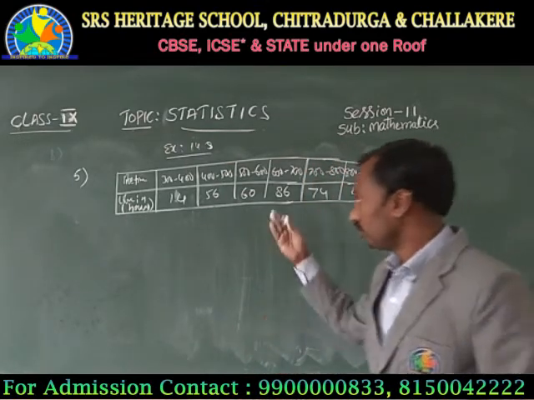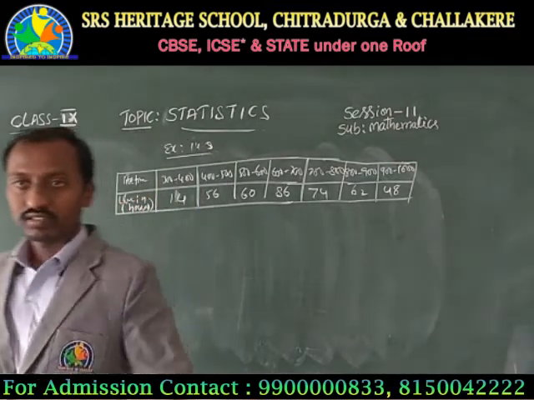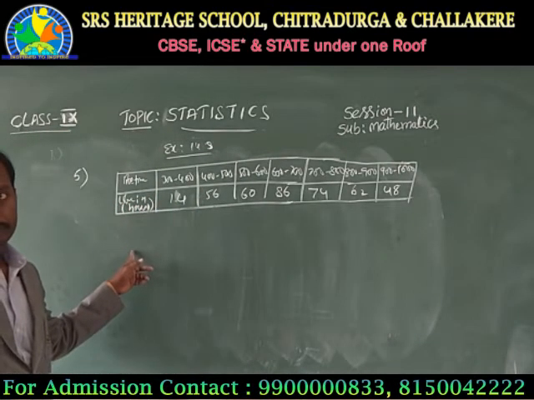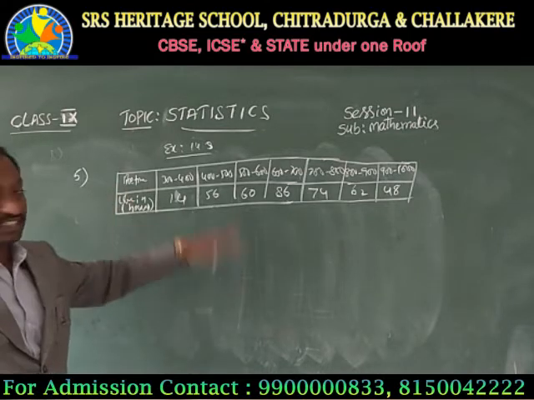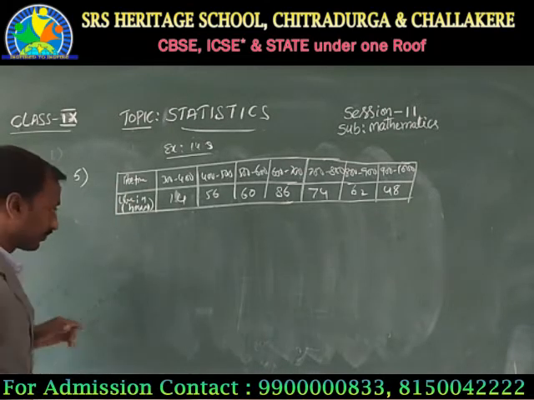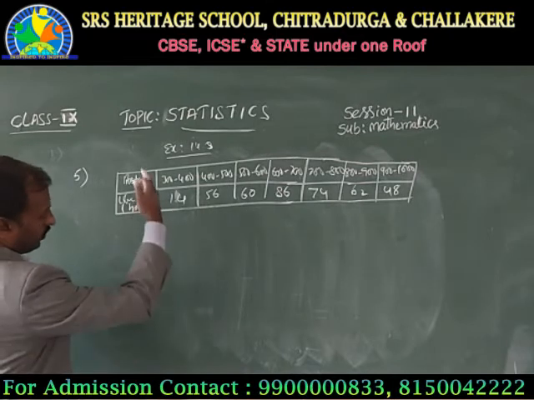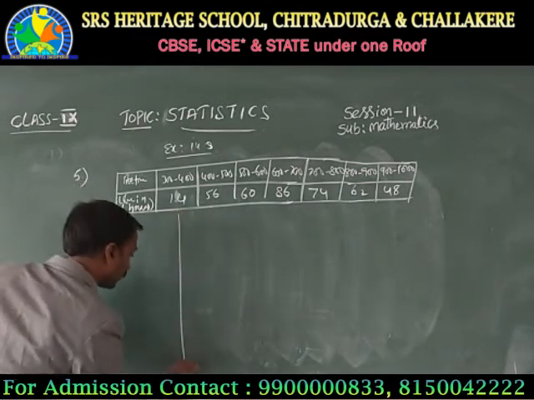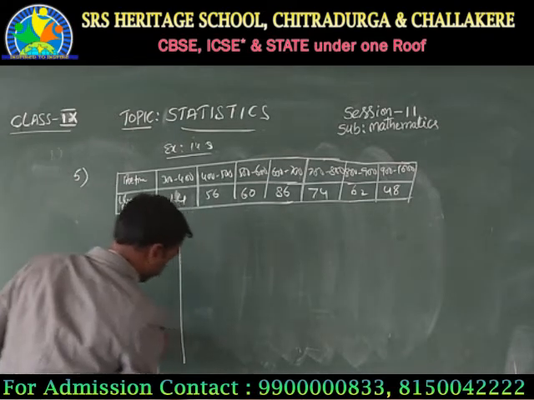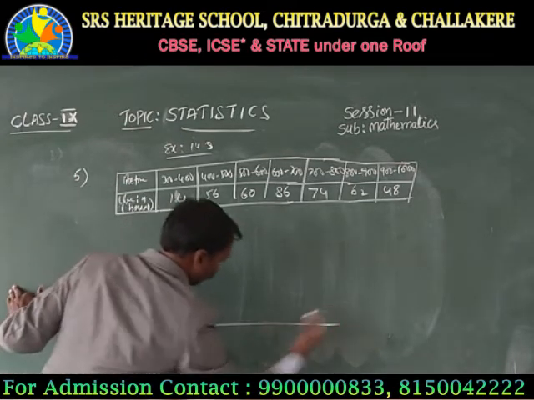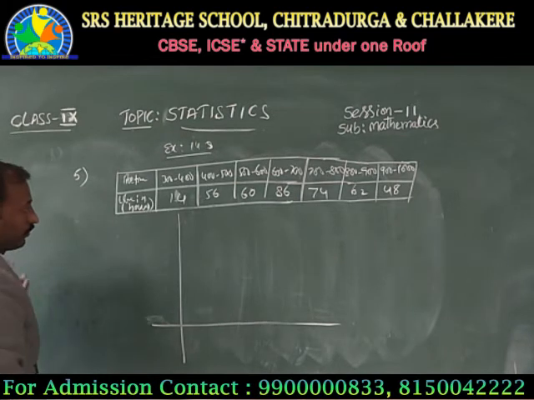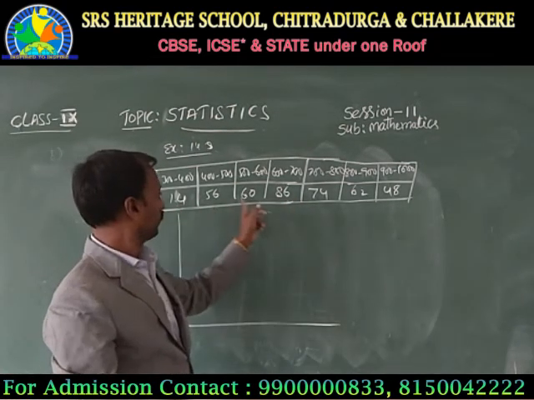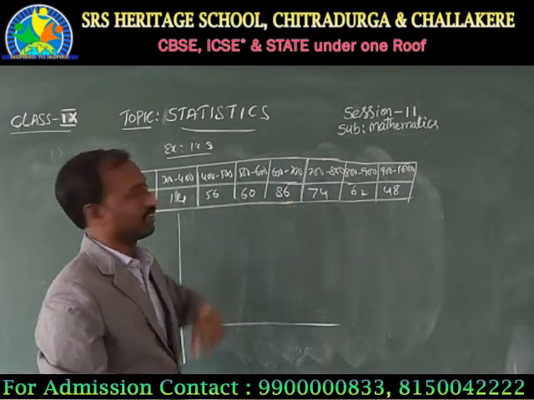If I represent it graphically, you will come to know better. On the x-axis, what do I have to consider here? I need 10 boxes, so two units I'll take comfortably. The maximum value is 86 here.